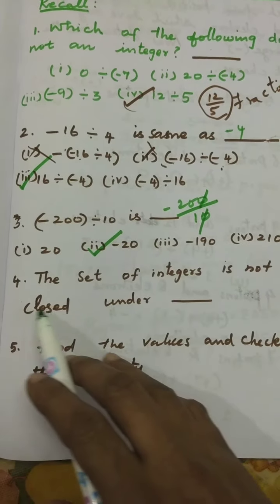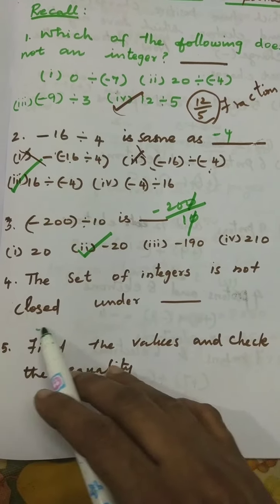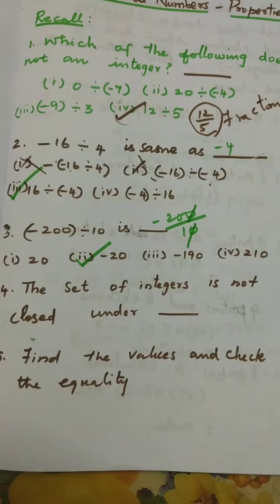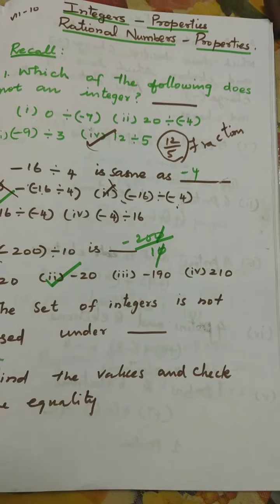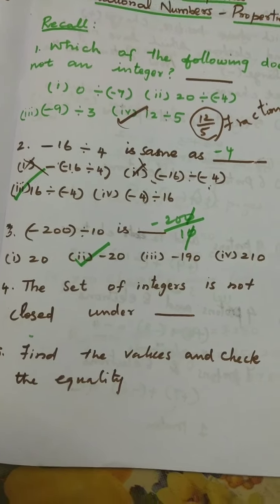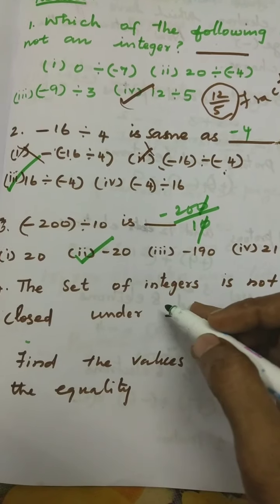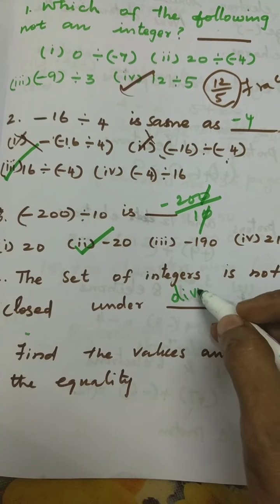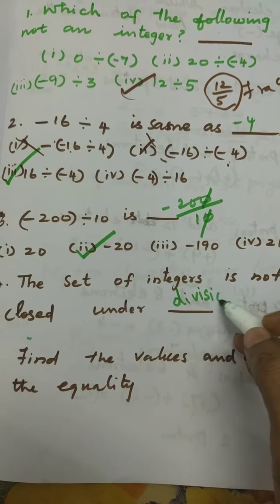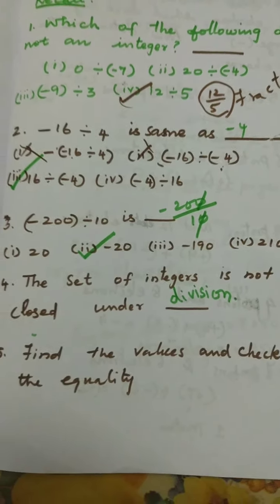Okay. The set of all integers is not closed under which operation? Yes, division. Not closed in division.